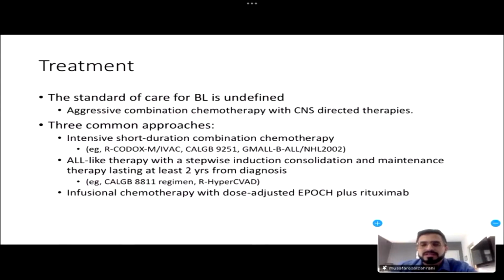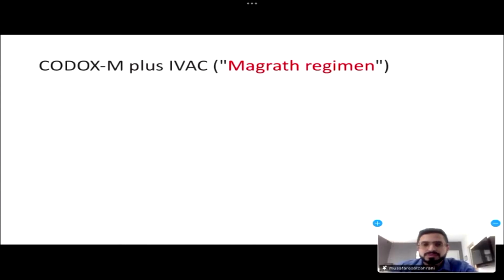The other is ALL-like therapy, where you have induction, consolidation, and maintenance that lasts for 2 years, or using hyper-CVAD. And the third approach is infusional chemotherapy with dose-adjusted EPOCH, which we will discuss.